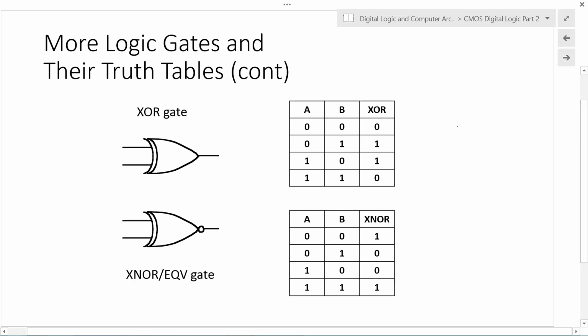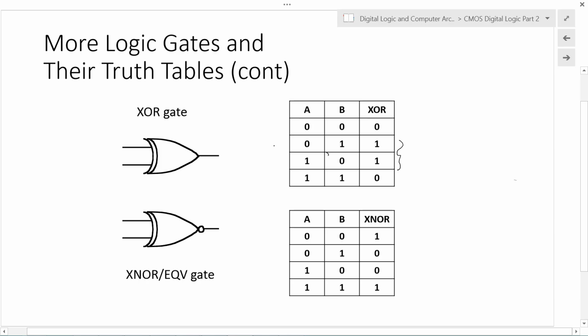We have our exclusive OR gate and our exclusive NOR, which can also be called the equivalence gate. Truth tables associated with those. So how can we implement an exclusive OR? Well, let's say we look at our truth table and we've got two possible cases.